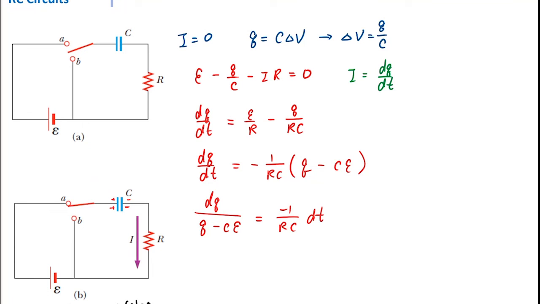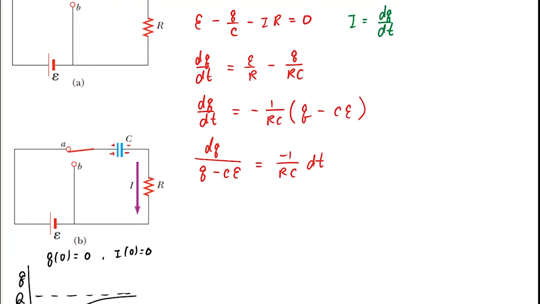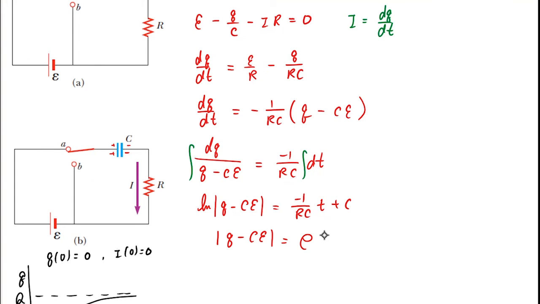Good? Now integrate both sides. So we have ln of the absolute value of q minus CE is equal to negative 1 over RC t plus c. Good? E on both sides. So q minus CE is equal to e to the negative t over RC plus c.